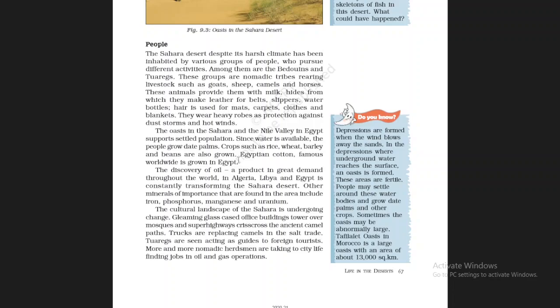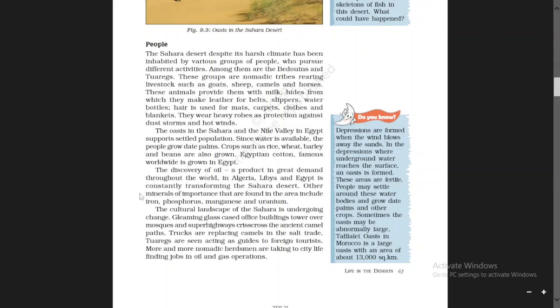The discovery of oil, a product in great demand throughout the world, in Algeria, Libya, and Egypt, is constantly transforming the Sahara Desert, making a marked change in its nature and appearance.